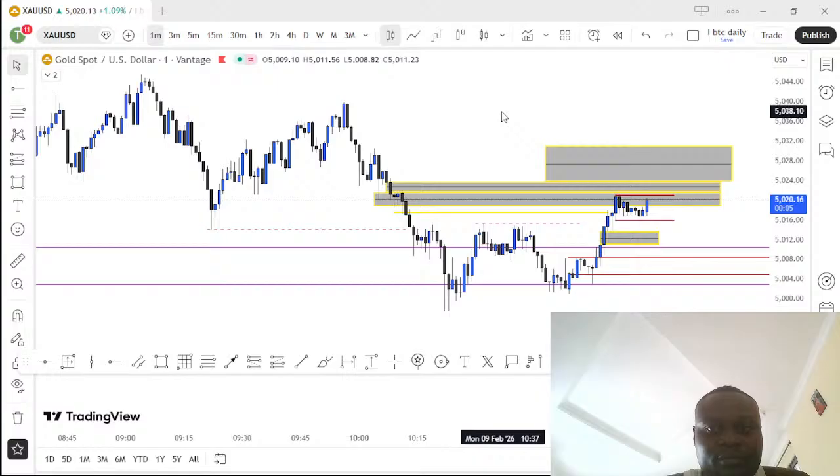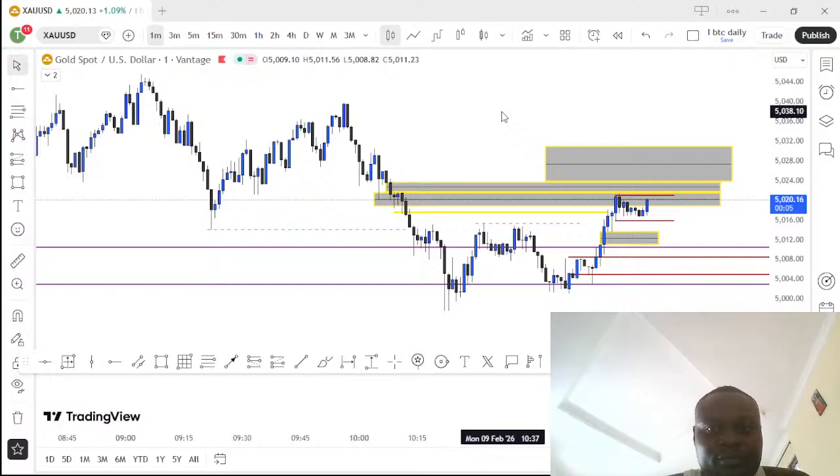Perfect. So it went to our fair value gap, and now we want to see how many seconds have remained. Okay, perfect.